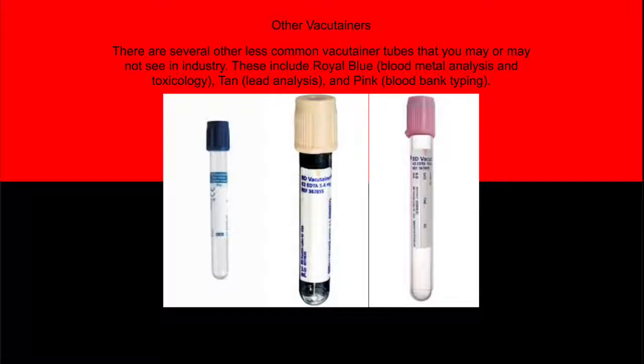This is used primarily for lead analysis, so checking the levels of lead in the blood. Finally, the one on the right is the Pink vacutainer. This is used mainly for blood bank typing. Any vacutainer can be used for typing blood. However, the pink one is labeled best for blood banks to use.